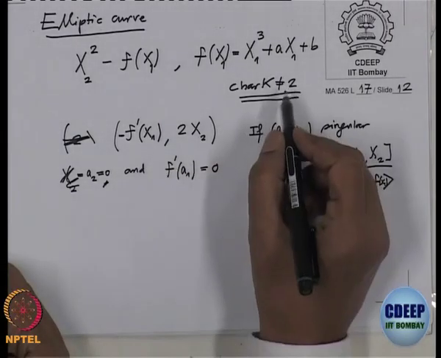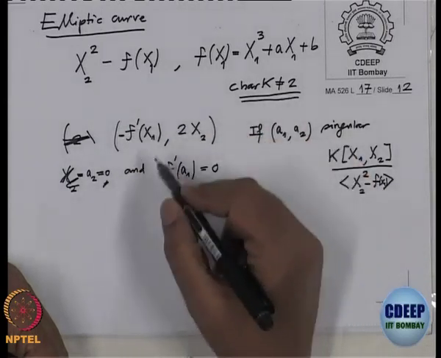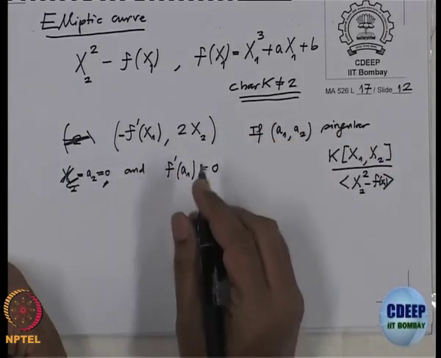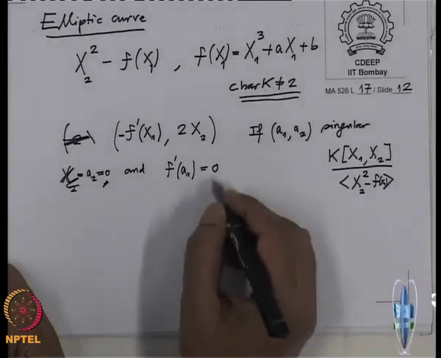Again, we are using characteristic is not 2. So, this is 0, but what is this condition?